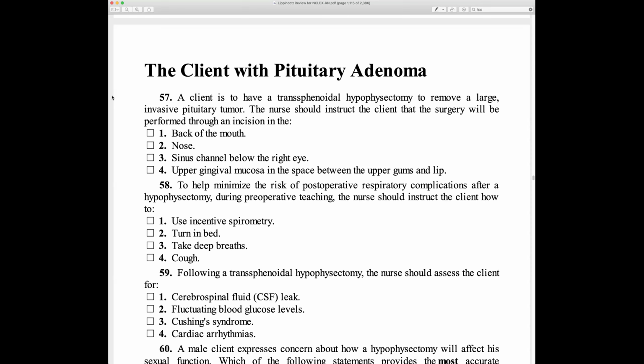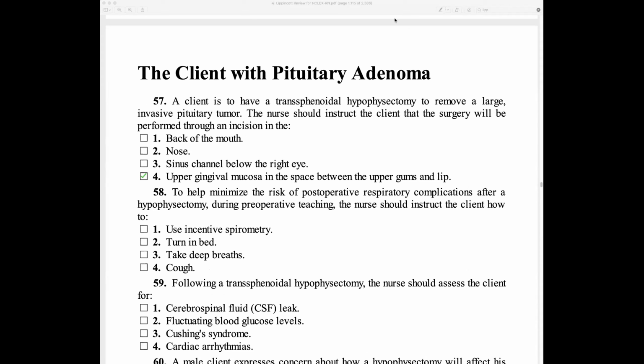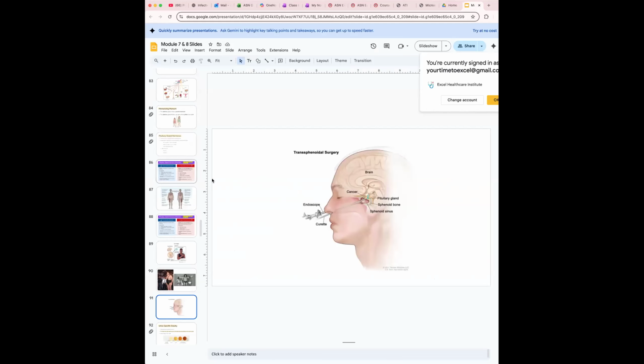So the correct answer for 57 is 4, very good, the upper gingival mucosa in the space between the upper gums and lips, okay? So let's look at the picture again. And I know it's a little tricky and kind of not fair, but that's how most nursing questions are, right?